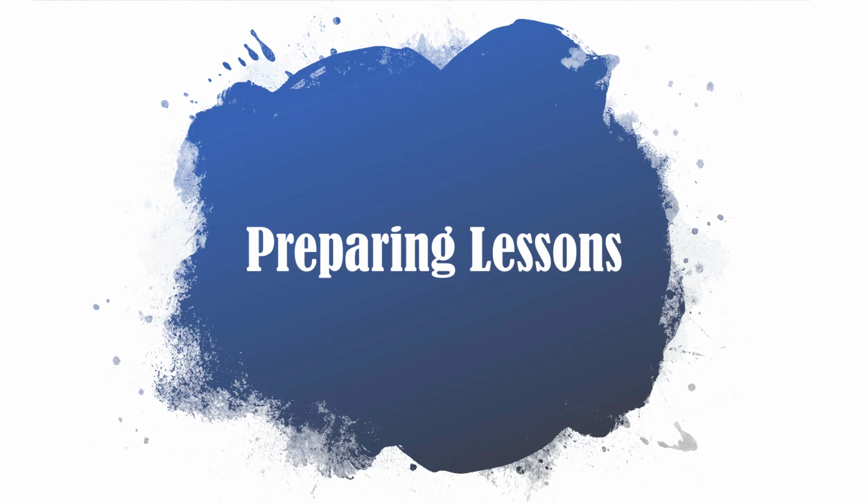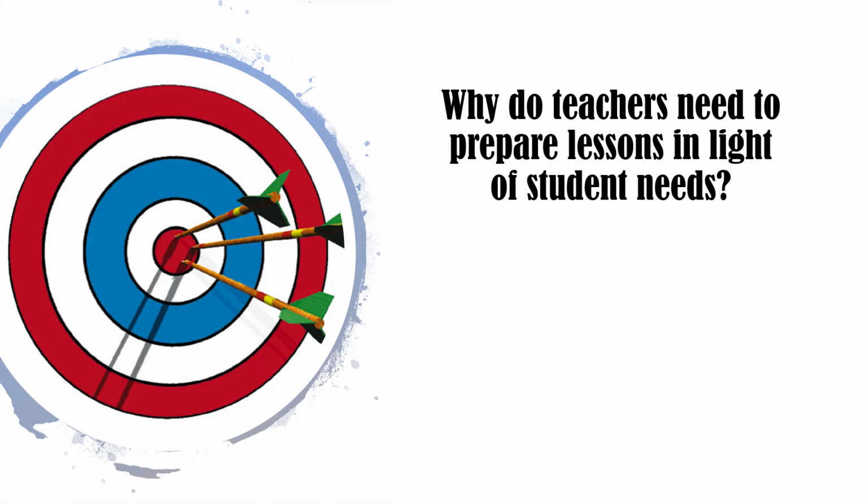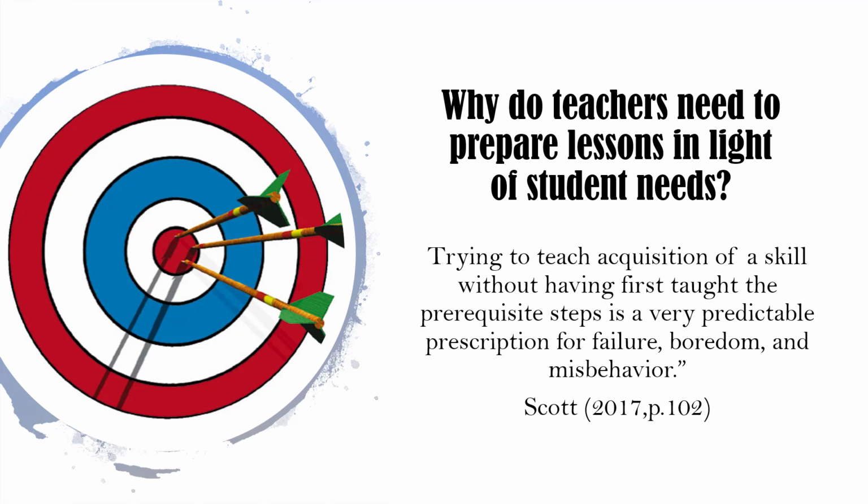Okay, so now let's talk about preparing your lessons. When you prepare your lessons, it's really important to prepare them in light of student needs. That's important because when you're trying to teach acquisition of a skill, if you are teaching a complex skill and that person does not have the prerequisite steps, then from the beginning you're going to have failure, boredom, and misbehavior.